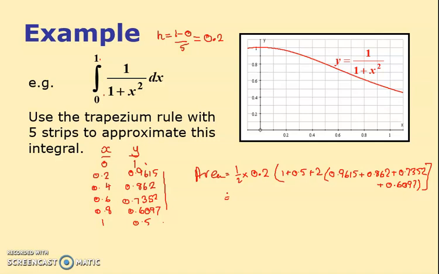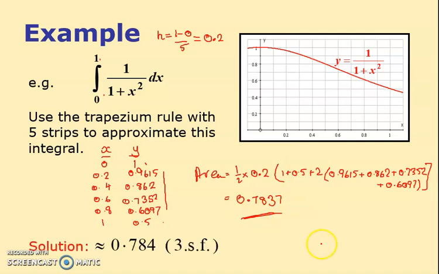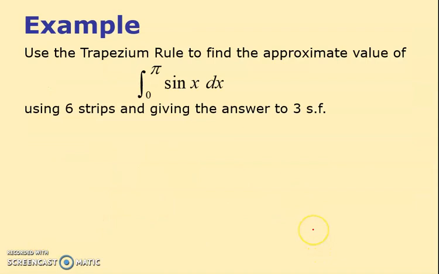And I get an answer of 0.7837. And the answer was 0.78436, so it works perfectly well.